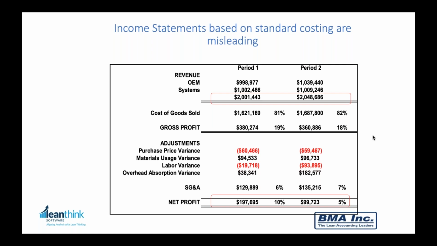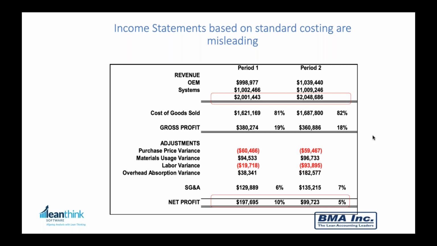Then you go down to the variances. And this is where it gets very, very confusing, because variance analysis is almost like watching a dog chase its tail. And the dog never gets its tail.